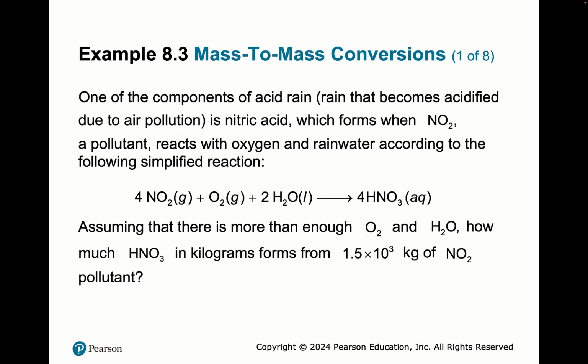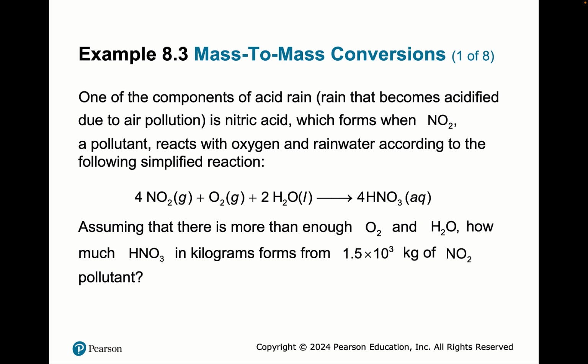Okay, now let's look at another one. This is the hydrolysis of NO2, which reacts with oxygen and water according to the simplified equation: NO2 plus oxygen plus 2 waters makes 4 nitric acids.